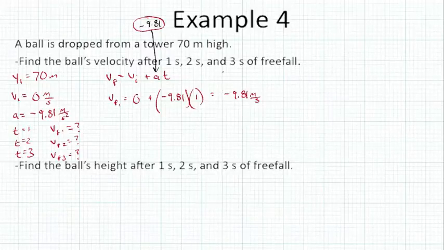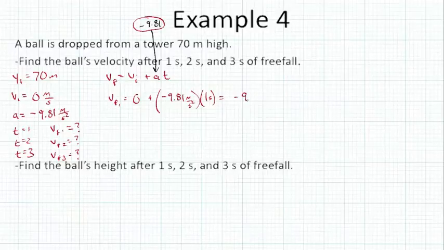And you know what? I should have written in the units. So this is 9.81 meters per second squared, and we're going to be multiplying it by 1 second. So one of those seconds goes away, and we're left with an answer in simply meters per second.